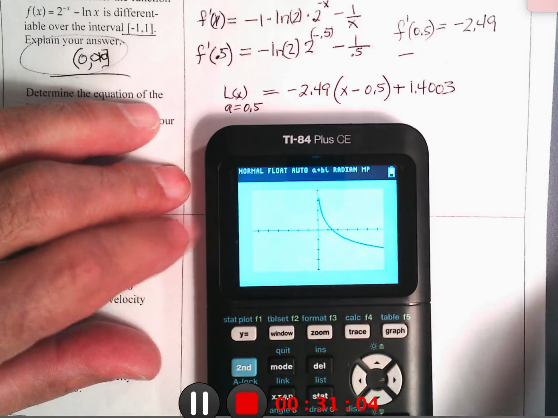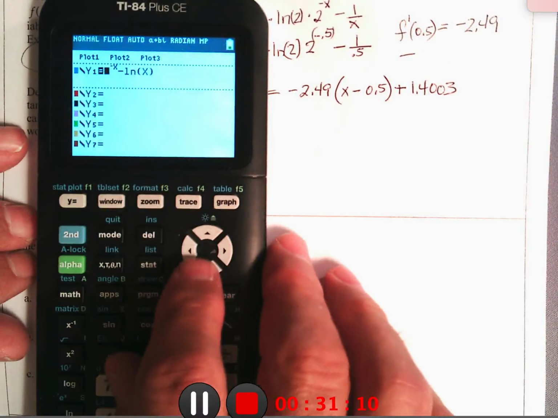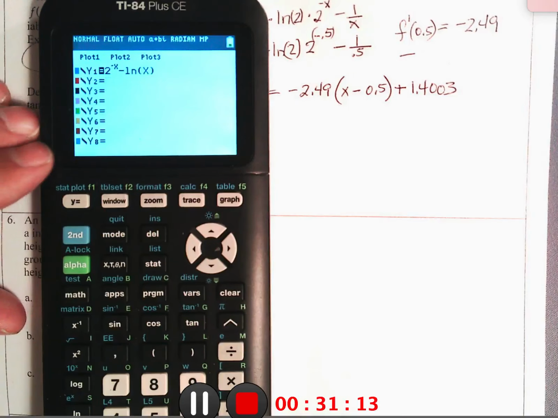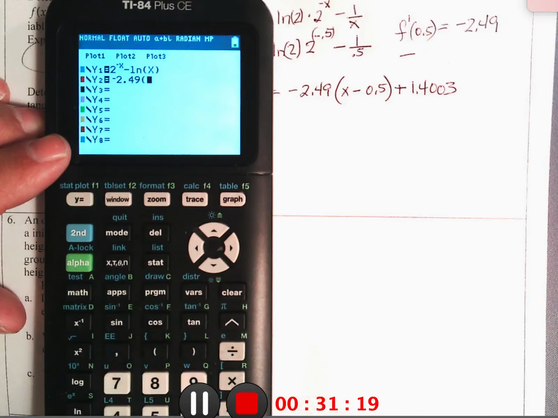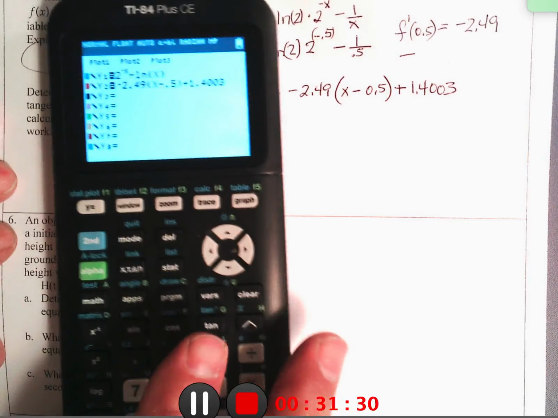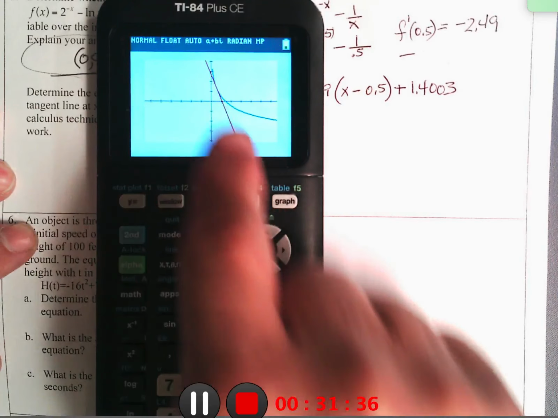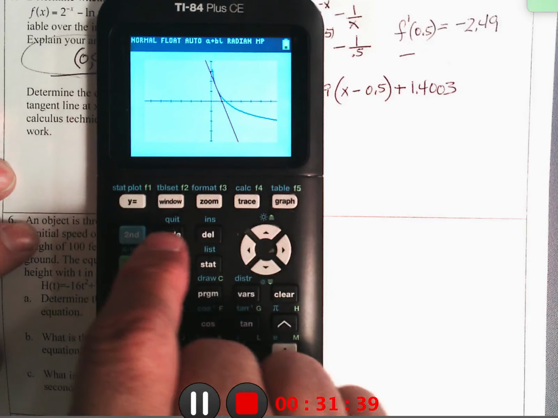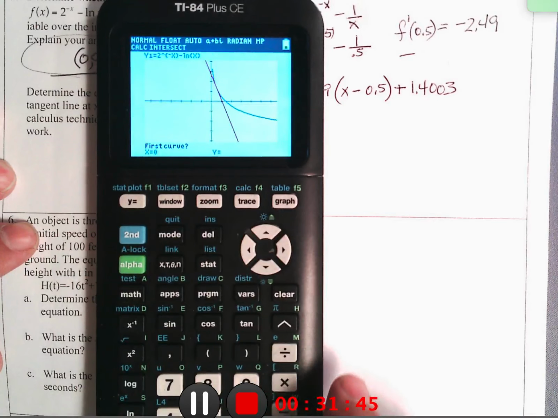So let's try graphing that. So go to the y equals and go negative 2.49 parenthesis x minus 0.5 close parenthesis plus 1.4003. Let's see if that looks like a tangent line at a half. I can actually second calculate the intersection between the blue equation.